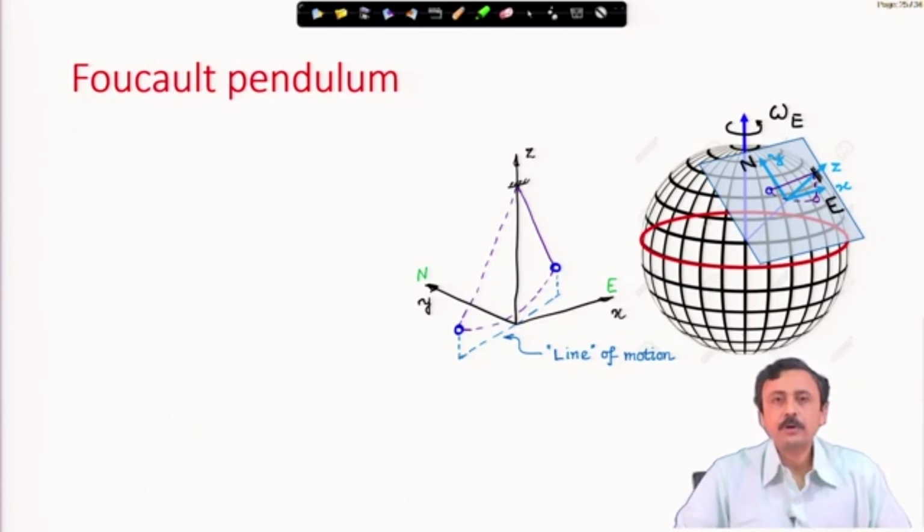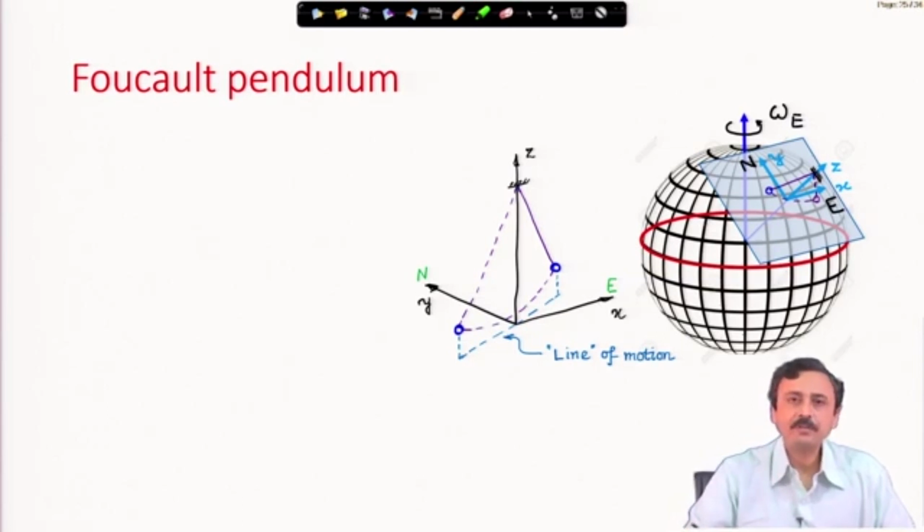I have drawn approximately what happens with the same flat earth approximation, this plane which is tangent to the earth, and somewhere on the z axis this pendulum is suspended and it is oscillating. And here I have also drawn a closer view of the pendulum. It is oscillating along a certain direction which bears a certain angle with the east.